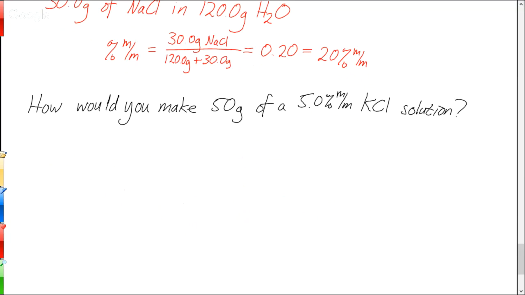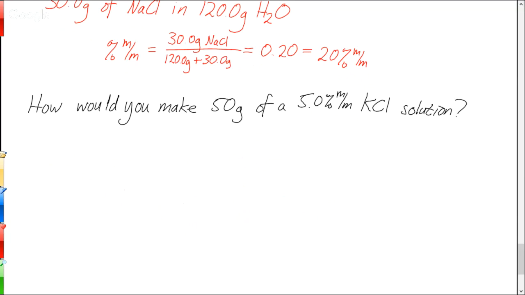No, the total is 50 grams, right? 5% of that 50 grams is KCl. The rest is water. So how many grams of KCl and how much water?